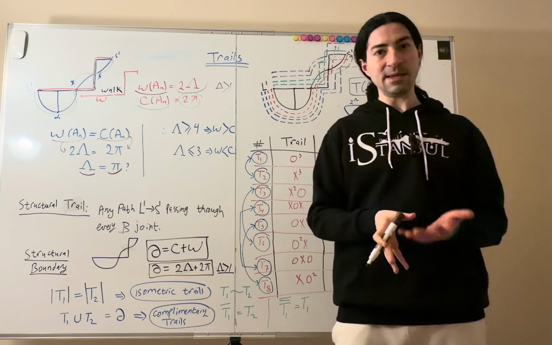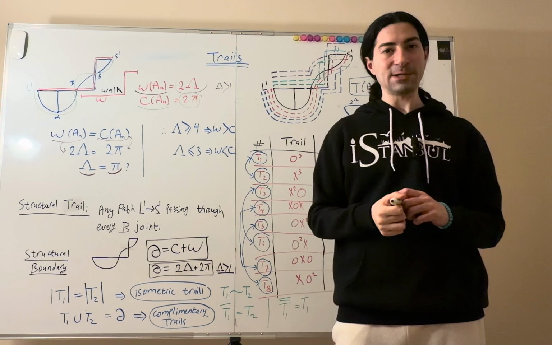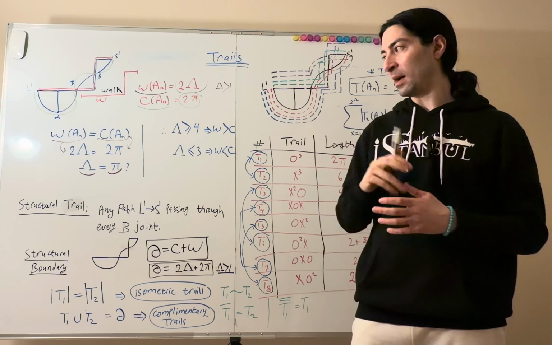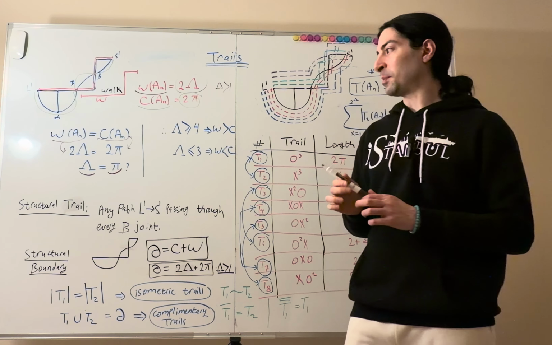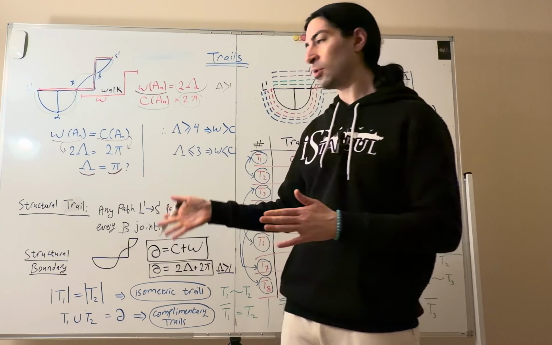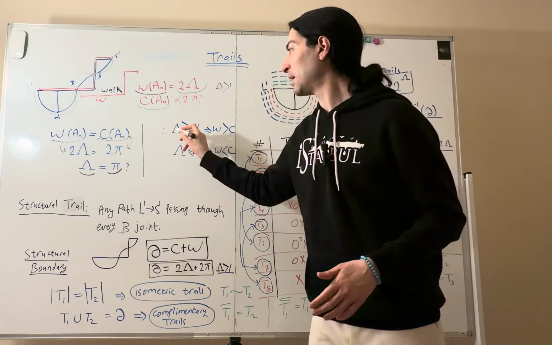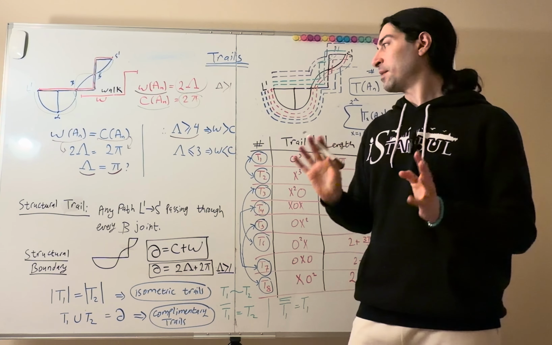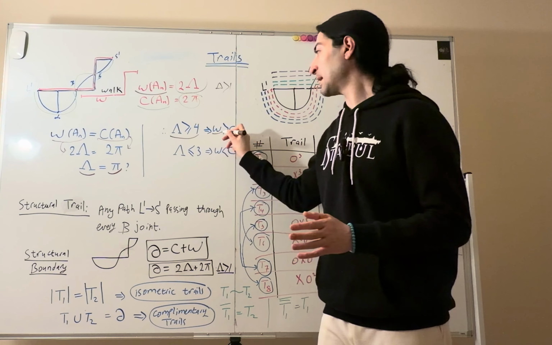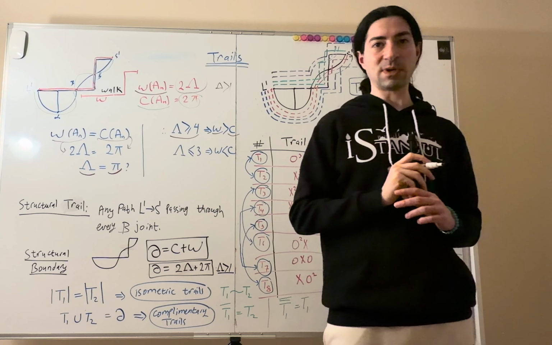And of course, that's impossible because lambda must be a natural number, while pi is not a natural number. But this helps us to draw a demarcation. So we know that whenever lambda is more than or equal to 4, then the walk of the sectoral structure is greater than the curve of the sectoral structure.